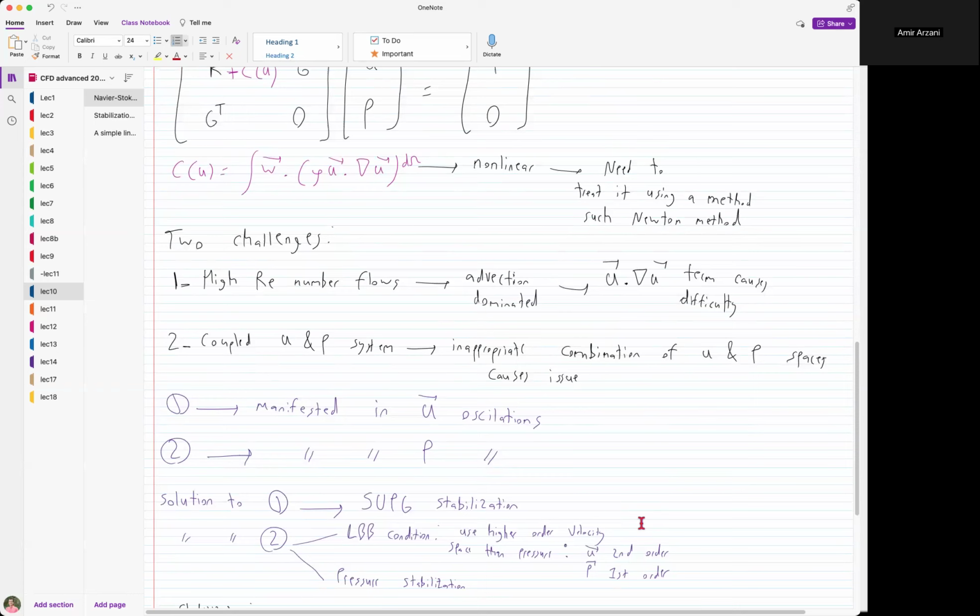So that's, for example, if you're doing tetrahedral elements, you could do quadratic approximations. That's P2, P1, second order shape functions, or second order polynomial for your interpolating functions, shape functions for velocity, and first order for pressure. So velocity has to belong to a more accurate space.